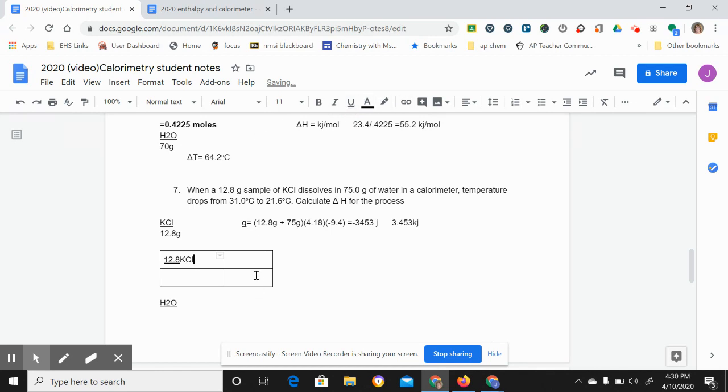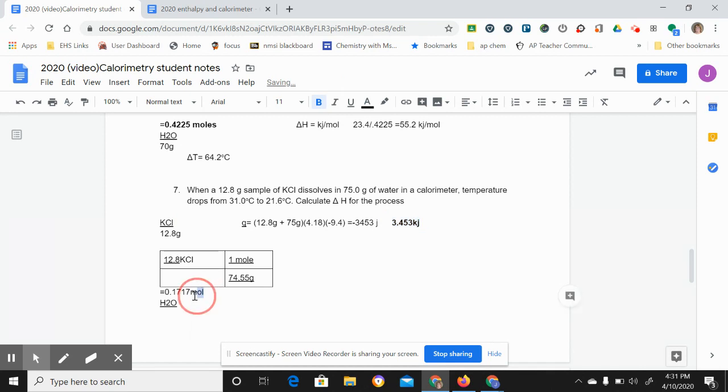We need to convert that to moles. And the molar mass of KCl is 74.55. When you do your math on that, equals, you should get 0.1717 moles.